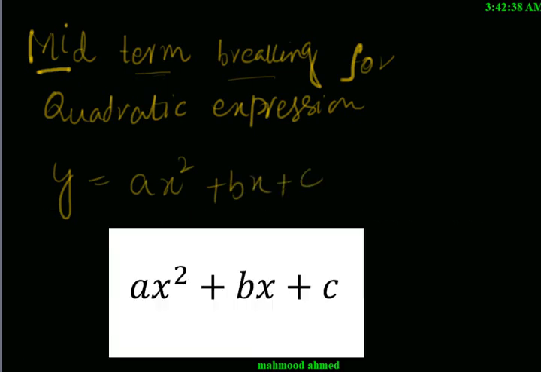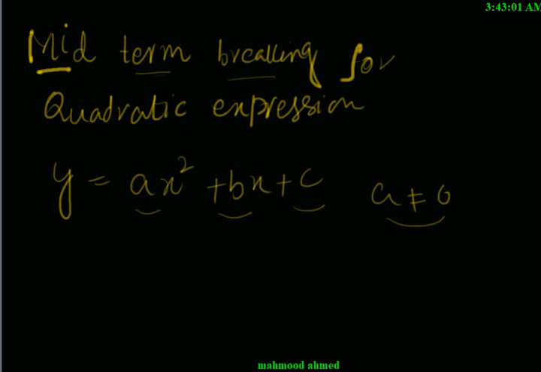There are three terms: ax square, bx, and c, where a must not be equal to 0, because the x square term is compulsory. If there is no x square term, then this is not called a quadratic expression. Here b is the coefficient of the x term, and c is the constant term without x.